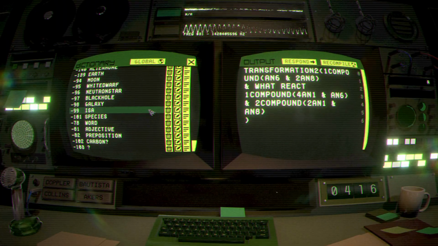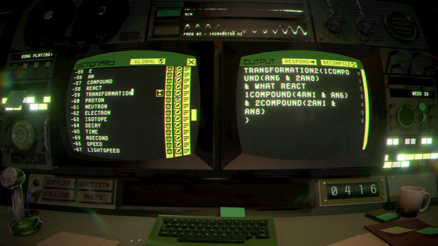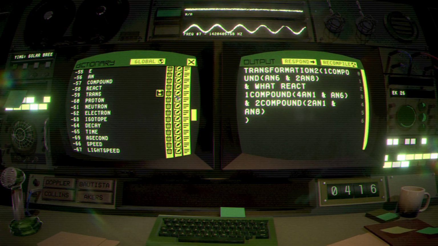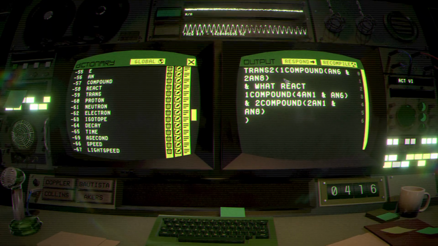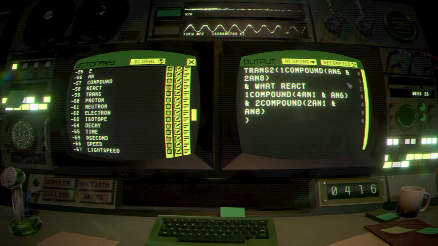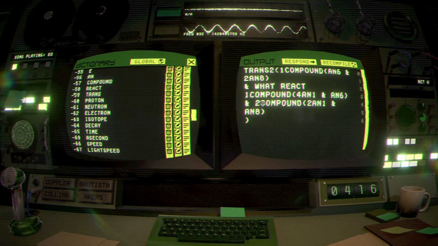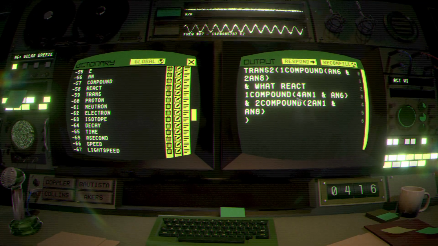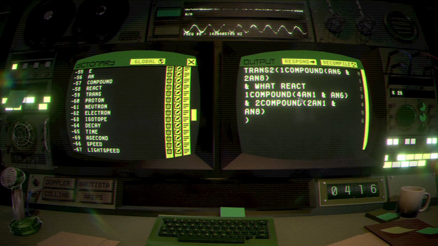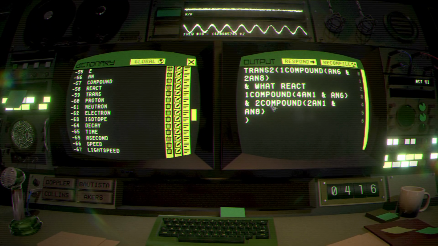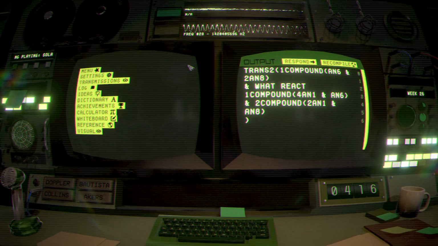Shorten this. Transformation 2. One compound, AN6 and AN8, and what? Reacting with one compound, compounds, two. Okay.